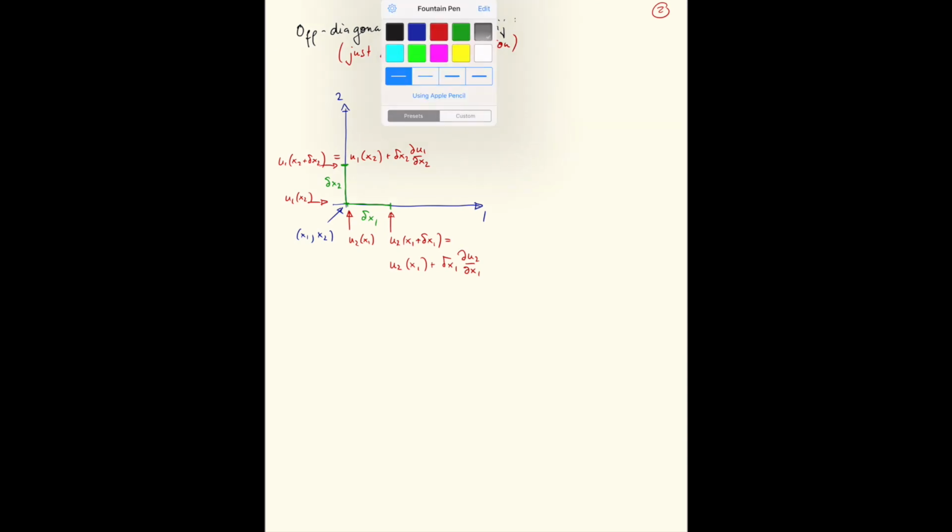So this is the state of these two line elements at time t. Now they are advected and deformed, and at time t plus delta t they look slightly differently.